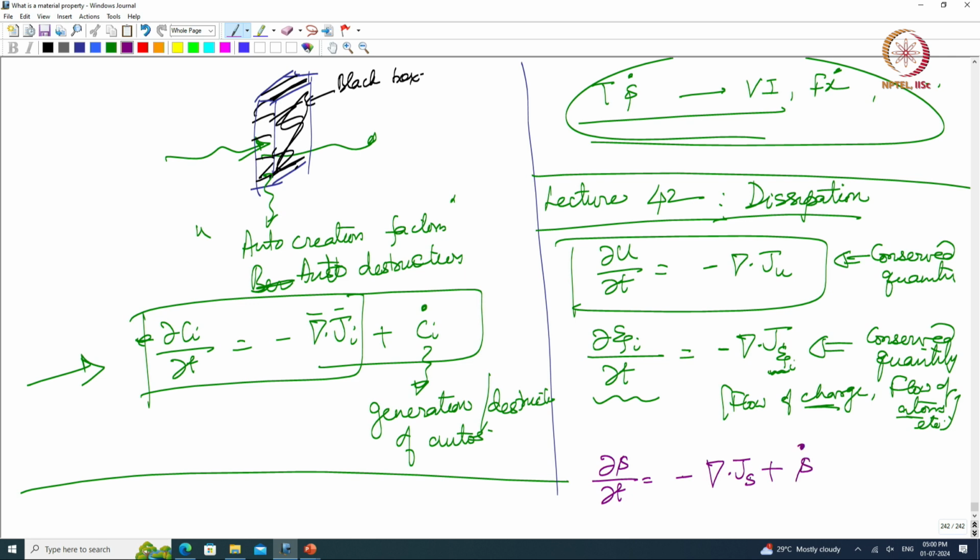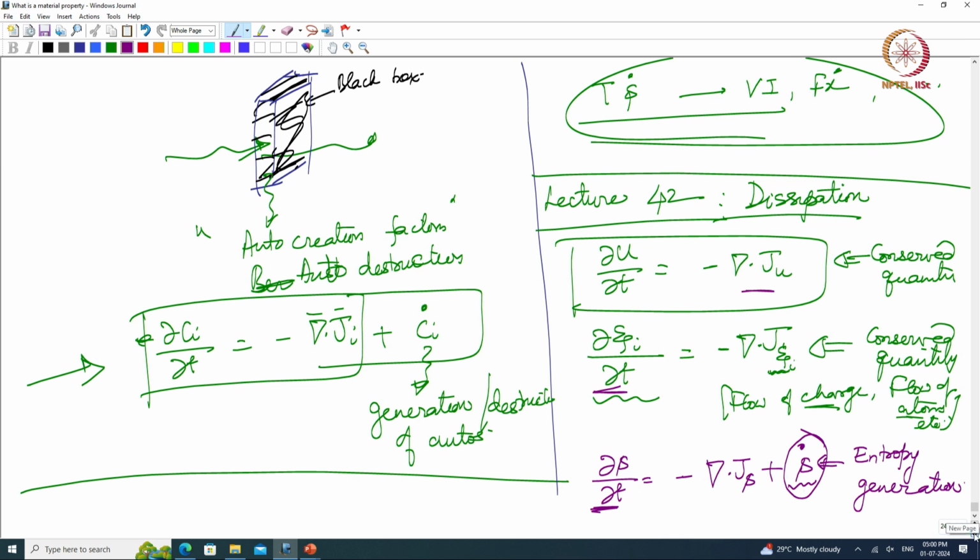Now I have the term that I am looking at, right. This S dot term represents my entropy generation. Okay. Now, this is the term that I want, right. By using this conservation law and expressing the changes in entropy and internal energy as fluxes, I got this entropy generation term. Okay. Alright.